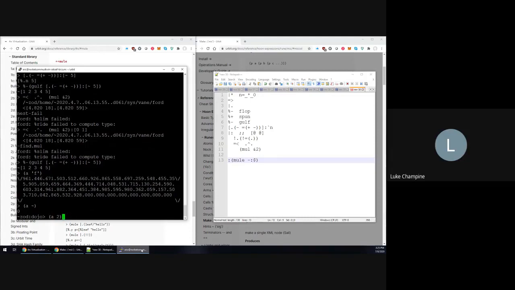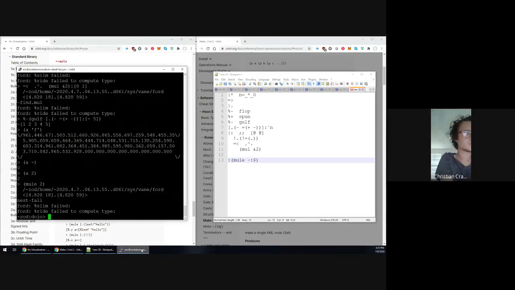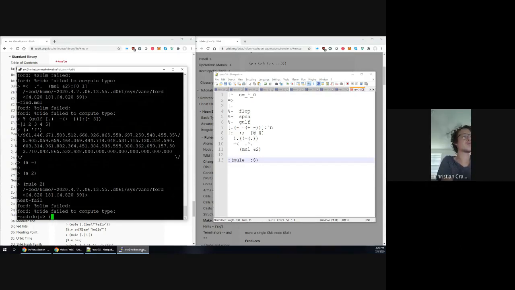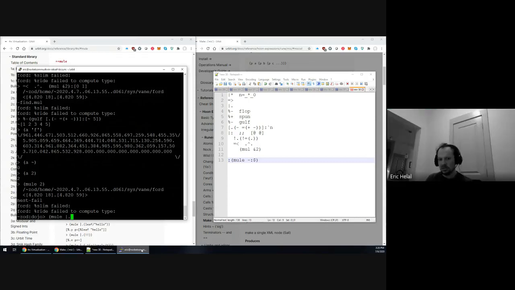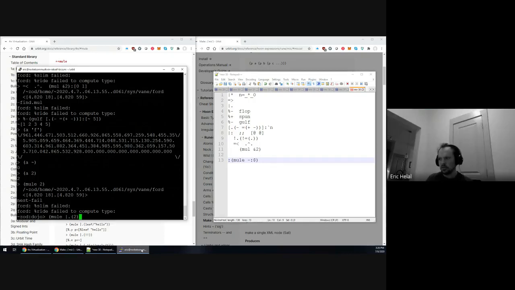And you should see what happens when you just run mule on one of these inputs. What do you mean? Do like mule bar dot too. Bar dot? Yeah, bar dot with parentheses. Oh, okay. Like that?